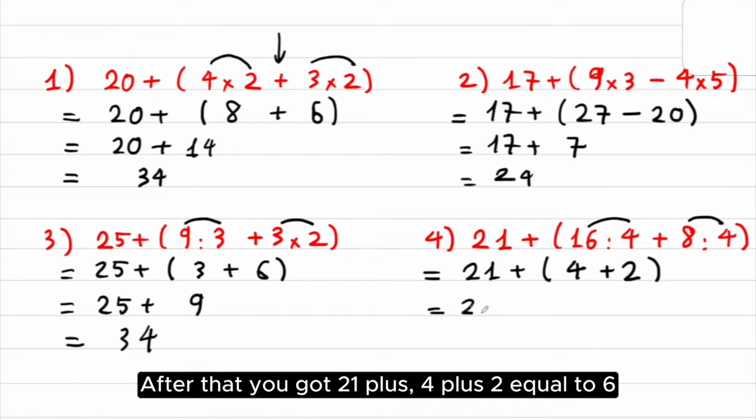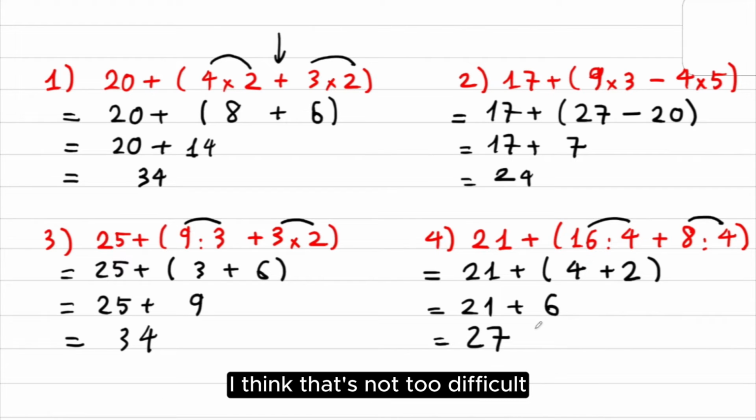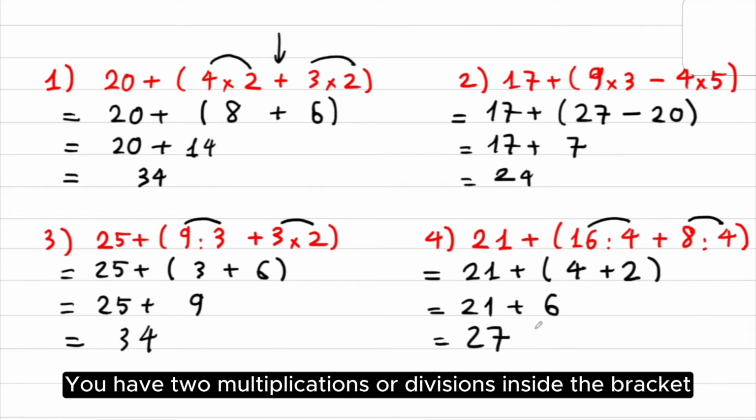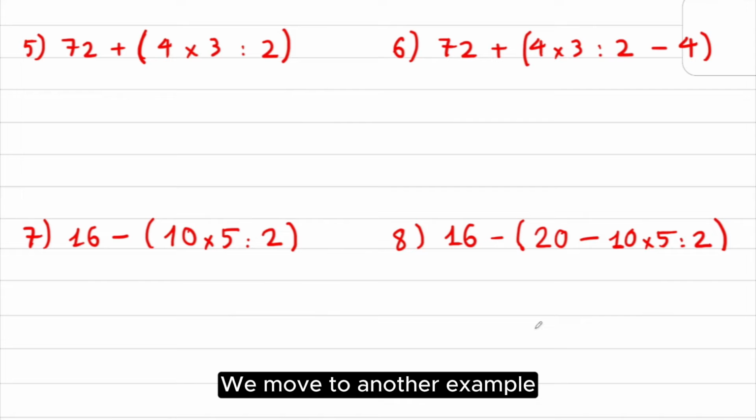After that, you get 21 plus 4 plus 2 equals 27, and 27 is my final answer for question 4. I think that's not too difficult. You have two multiplications or divisions inside the bracket, so just take one by one, step by step. And question 4, we finish here. We move to another example.